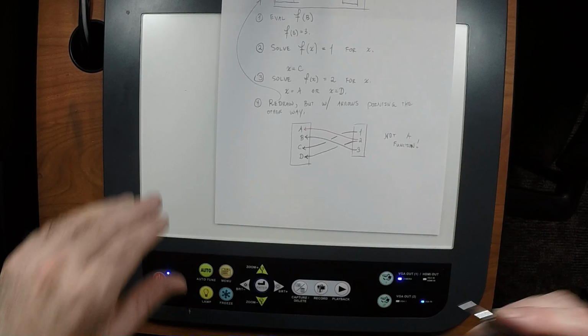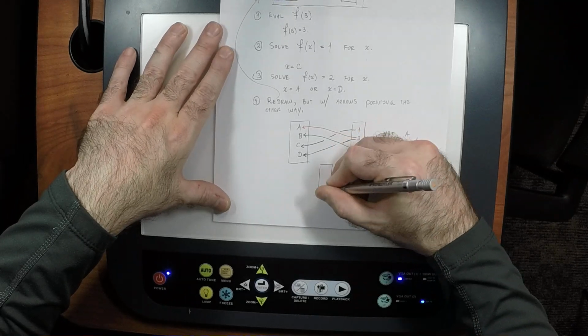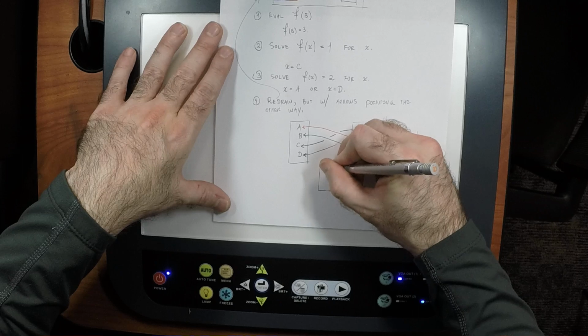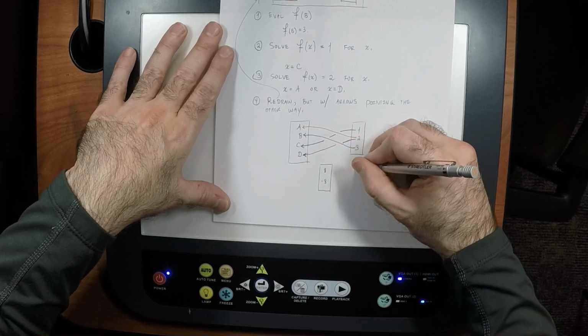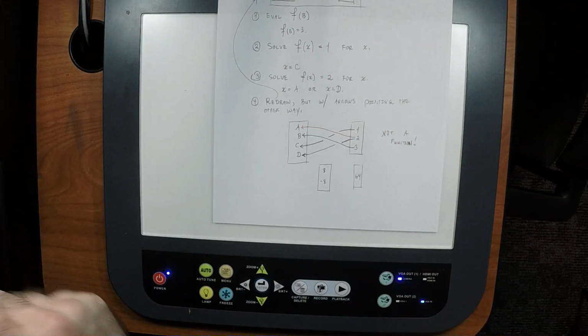So an example of such a thing would be that the squaring function will take 8 and -8 both to 64.